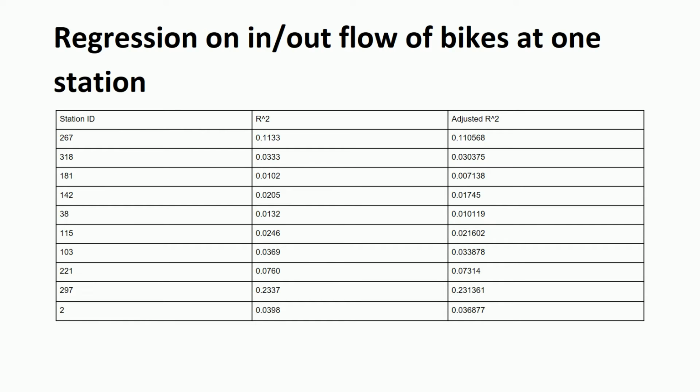This is the result. We can see that this regression model cannot explain the net flow well enough. This is because the inflow or outflow at one station is generally not stable, and it may be affected by many random factors that are hard to capture.